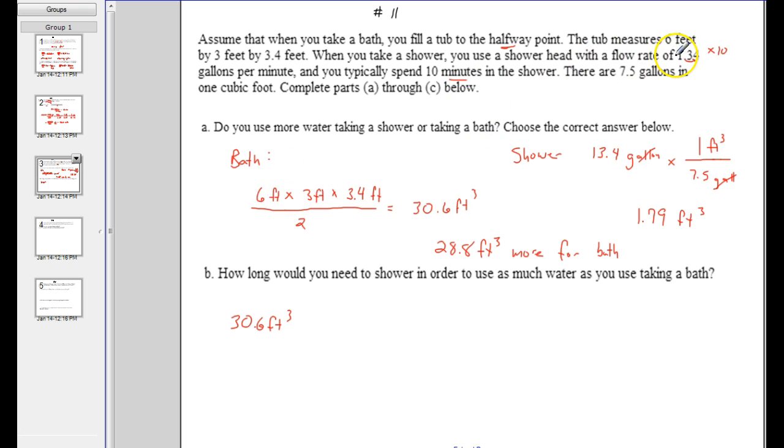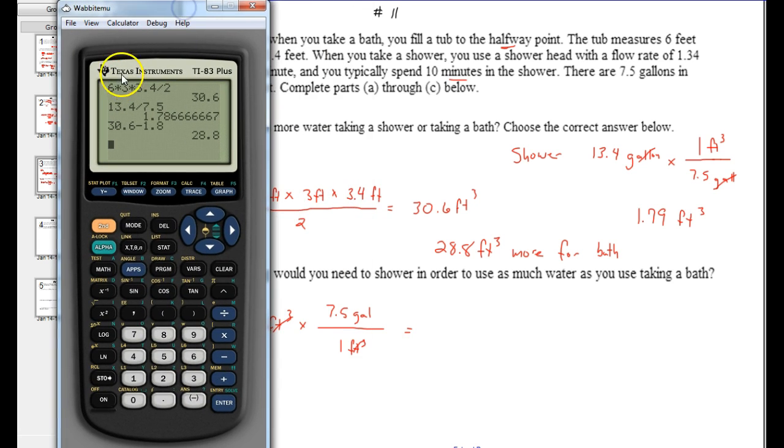But the shower flow rate is in 1.34 gallons per minute, so we could answer the question faster if this was in gallons. So we're going to use that same conversion rate of 1 cubic foot is 7.5 gallons. This time it's to go back the other way, to switch to gallons.